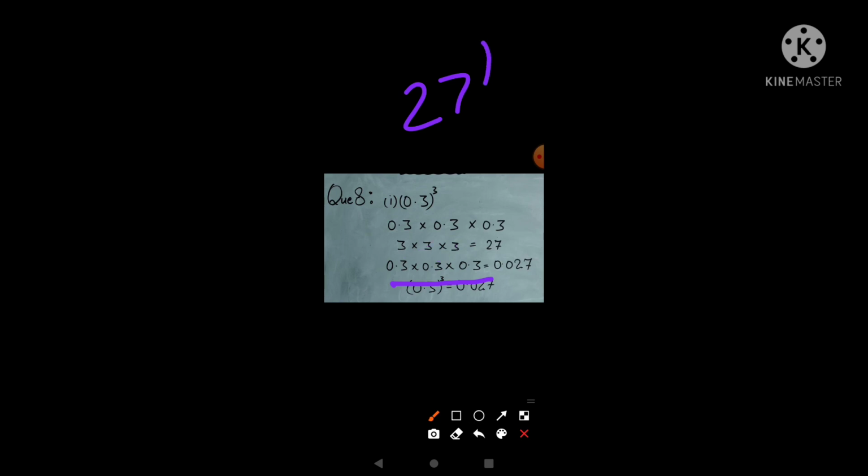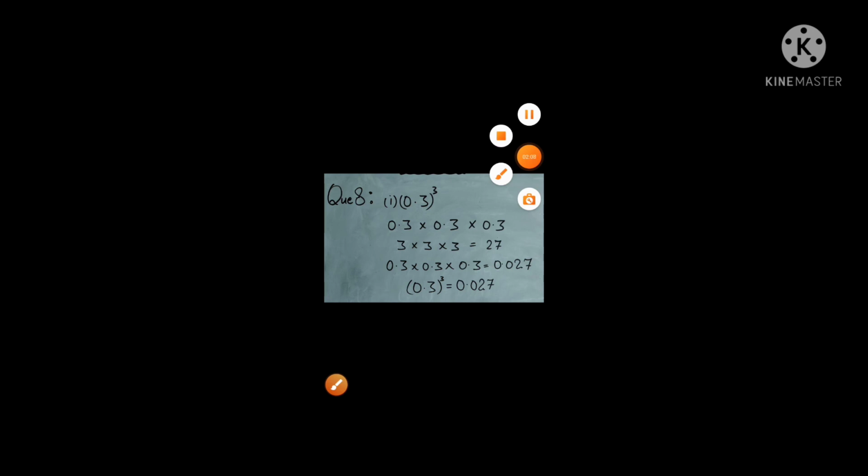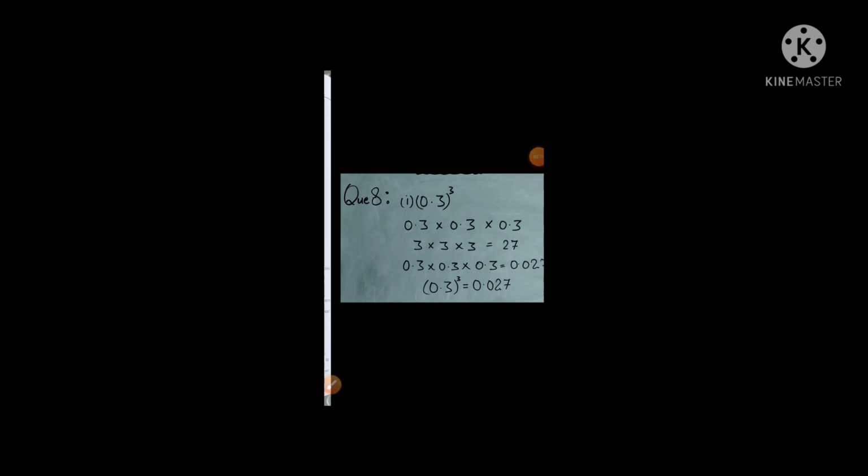So we mark the decimal before 3 places, 1 2, then nothing, so we put 0 here, and the decimal will be here. So we can write it as 0.027. So at the end we can write 0.3 cube will be equal to 0.027. And you will do this exercise till question number 8.